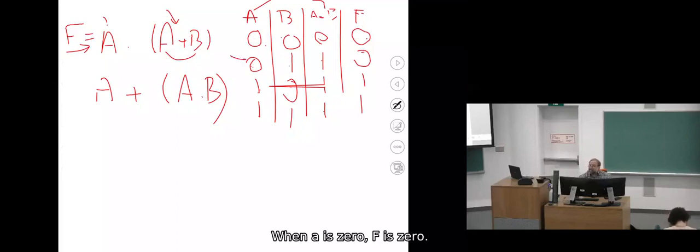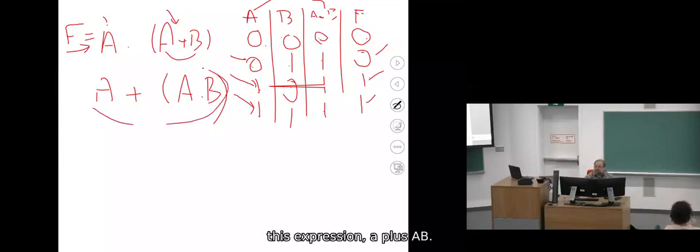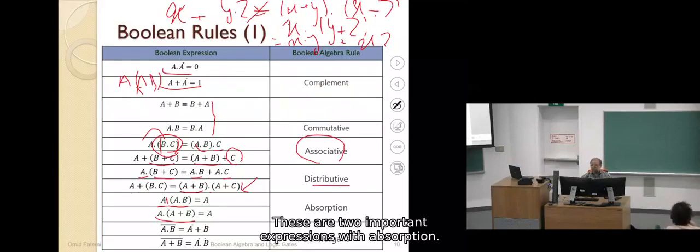When A is 1, F is 1. So F is A. Okay. And we could do the same thing for the expression A plus AB. These are two important expressions with absorption.